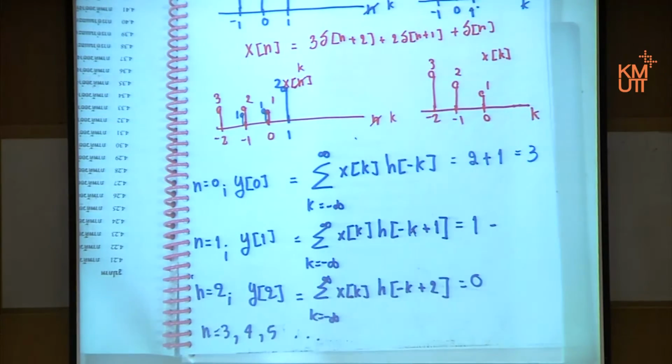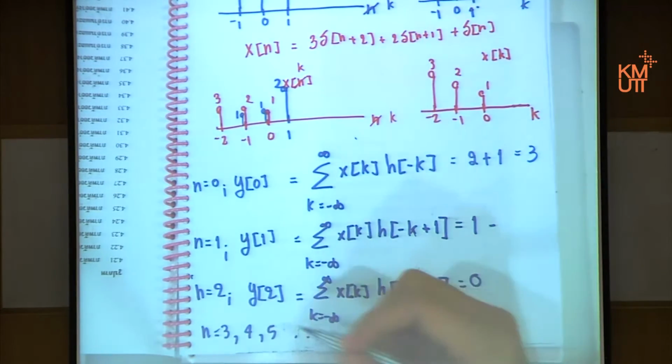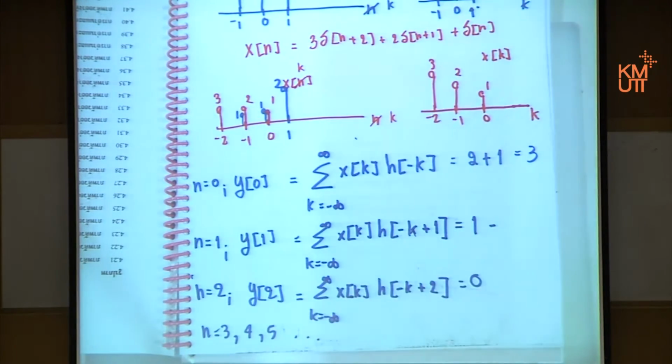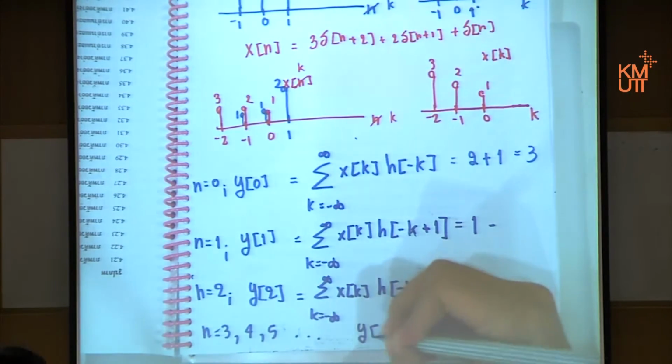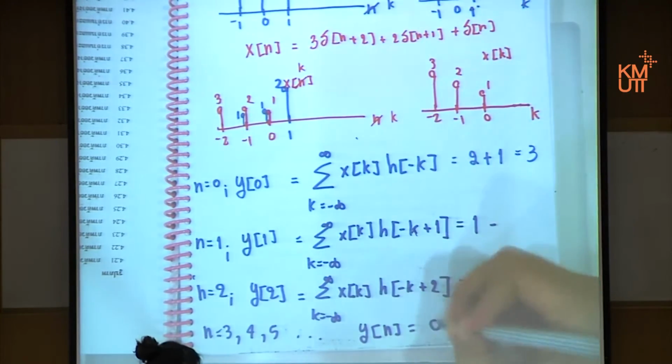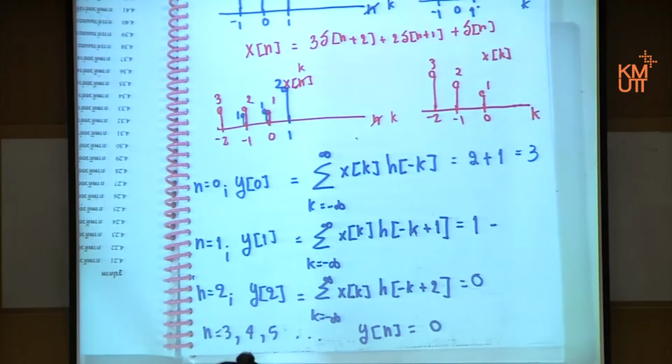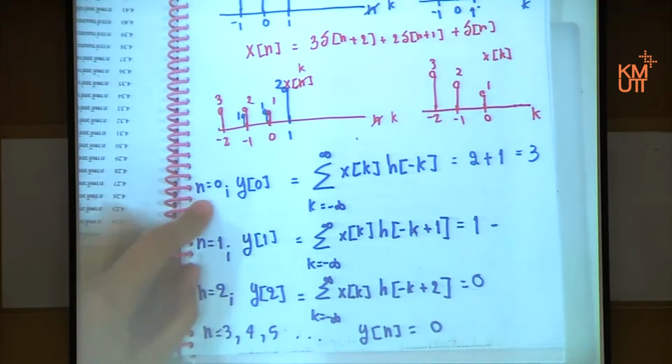So it means that when your n is greater than 2, greater than or equal to 3, your yn will return 0 everywhere. คือค่าของ y มันจะหมดแล้วนะคะ เพราะว่าสีดำมันถูกเลื่อนออกไปจากสีแดงไปเรื่อยๆ ผลคูณก็จะไม่มีแล้วนะคะ How about when the value of n is less than 0?